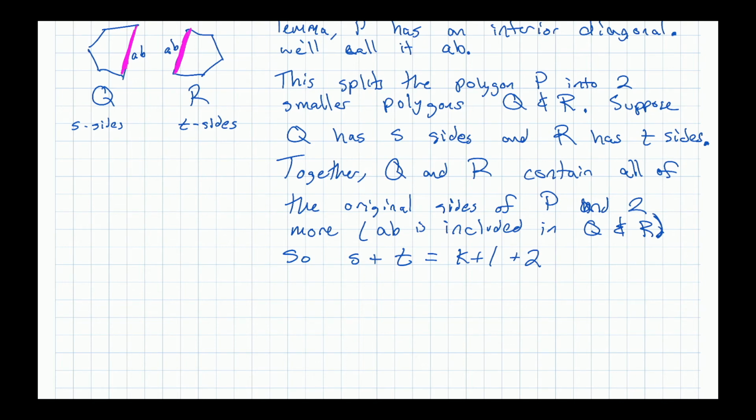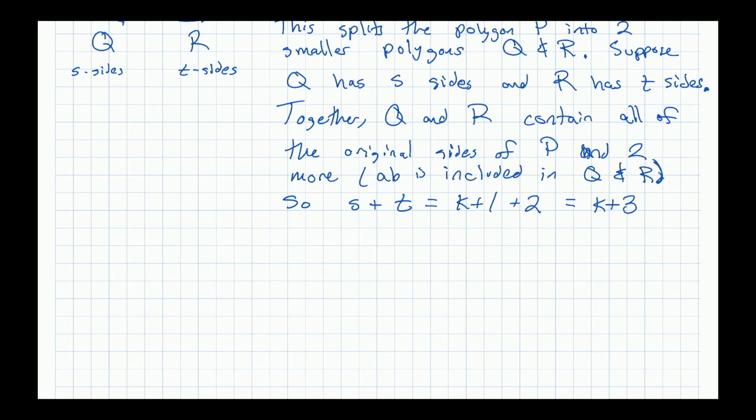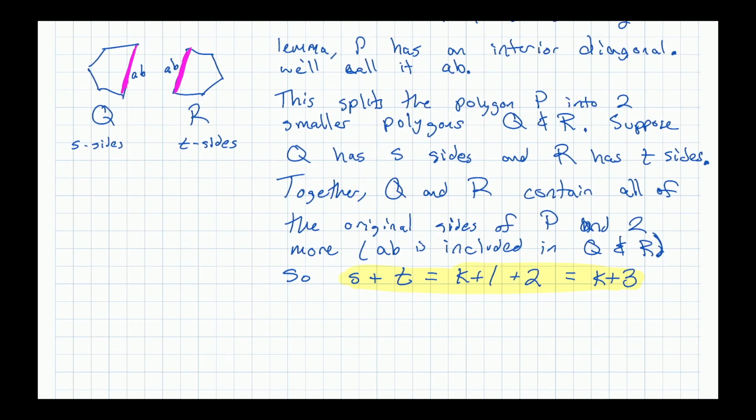So that's plus 1 plus 1. So total S plus T must be K plus 3. Okay? So we're just going to keep track of this fact now. In fact, maybe I'm going to highlight this right here. And hopefully this made some sense. So you agree that the number of sides of Q and R add up to K plus 3.